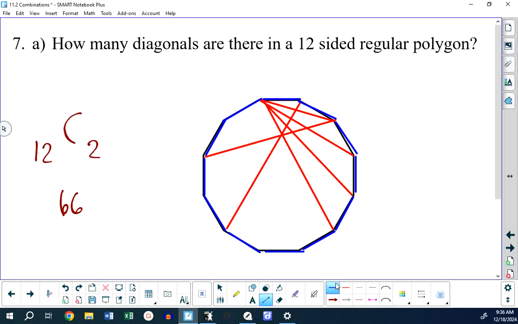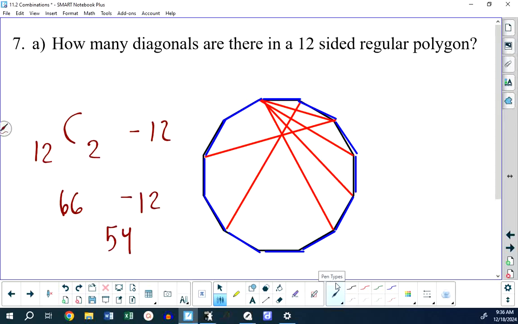So these 12 are included in the 66. We have to subtract 12. Which gives you 54.